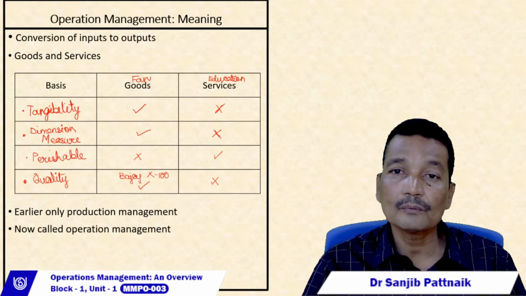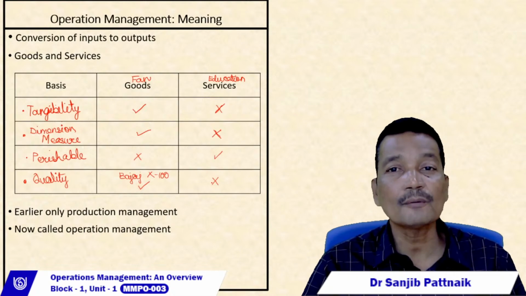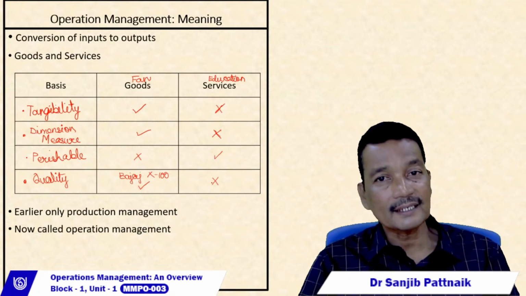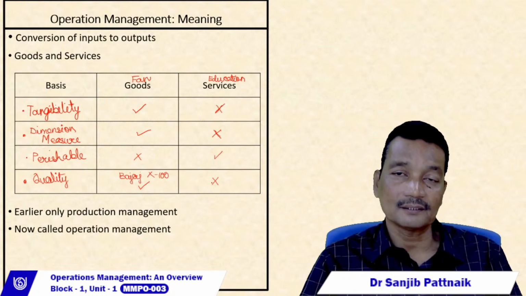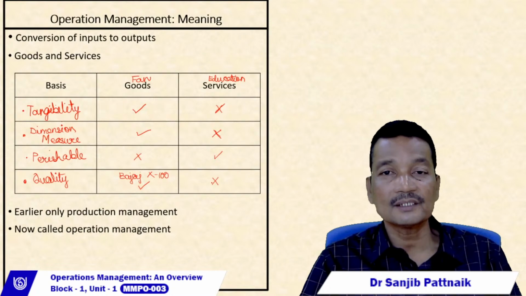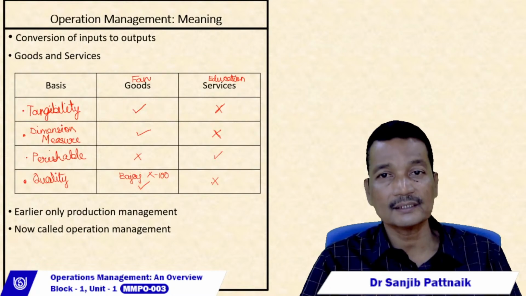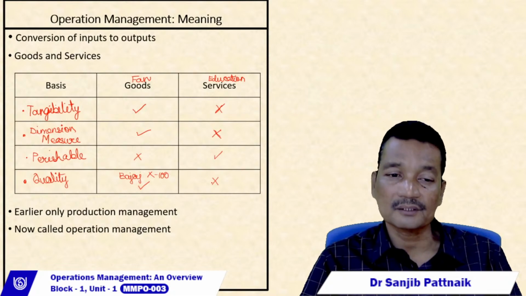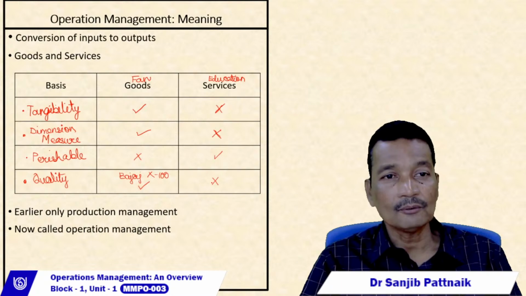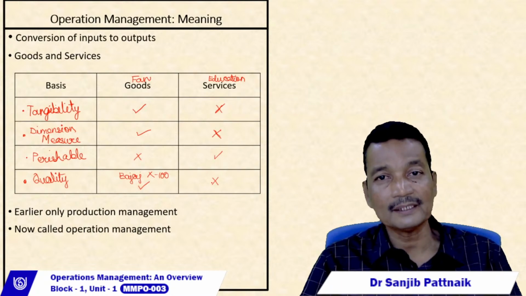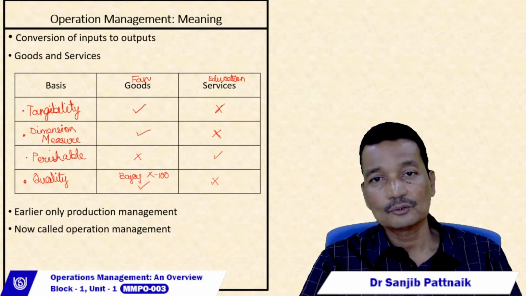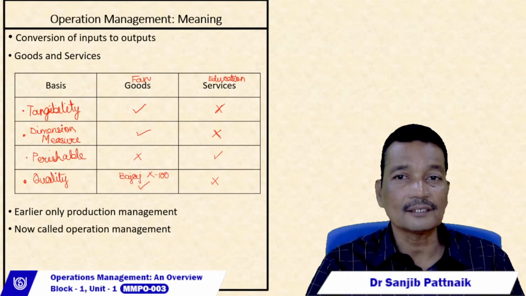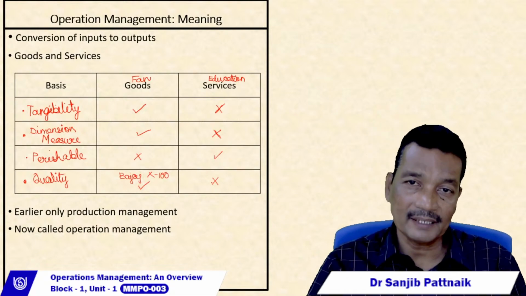So we cannot say production of services. For that, we say operations. Operations, that means the transformation process that will generate desired goods and services out of a given set of inputs. So now the term operation management is used. So our whole basic course is on this operation management.